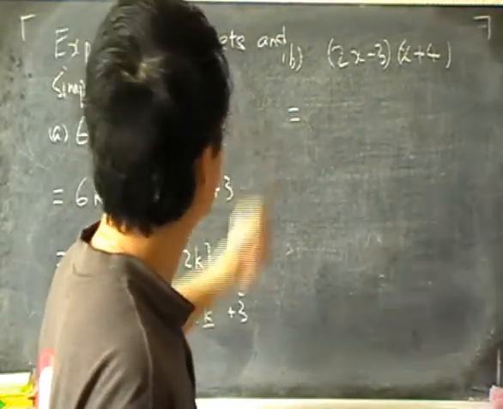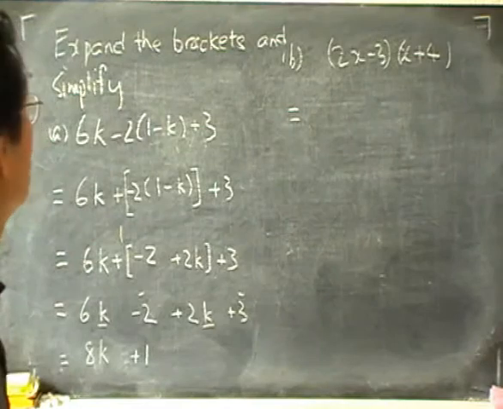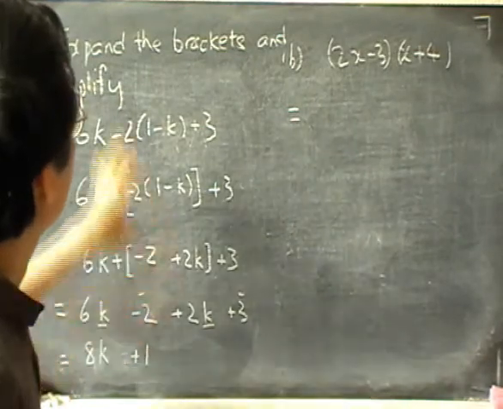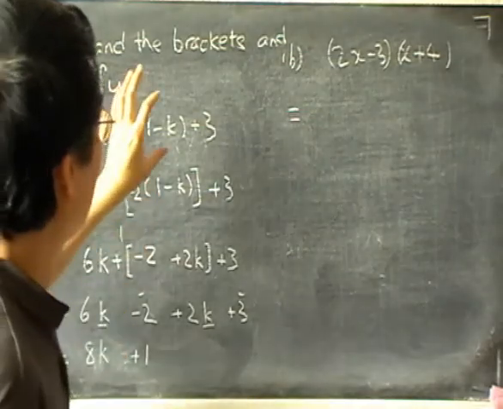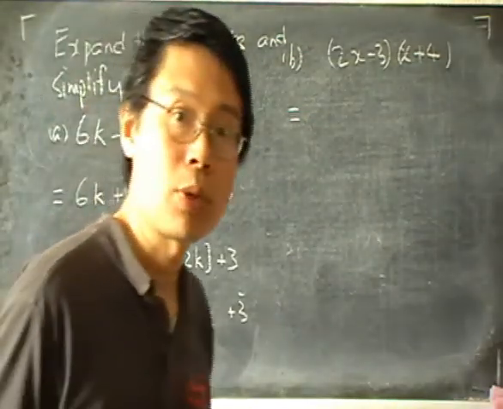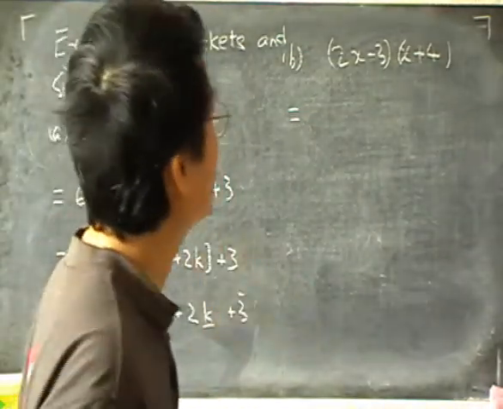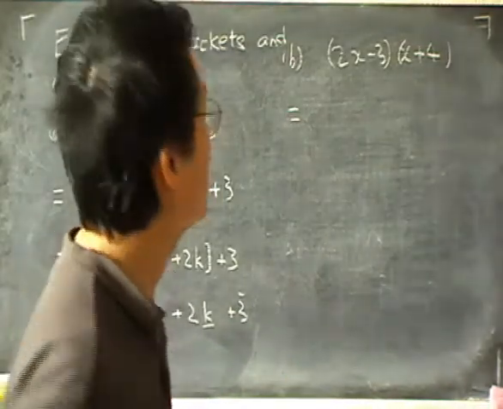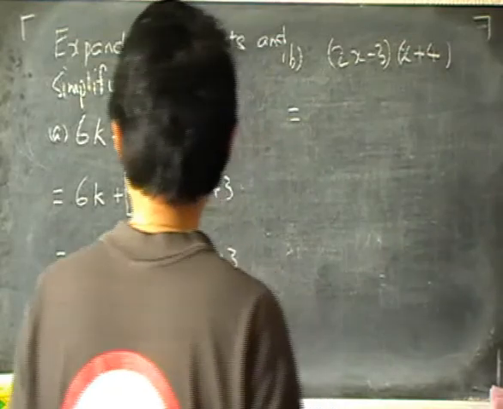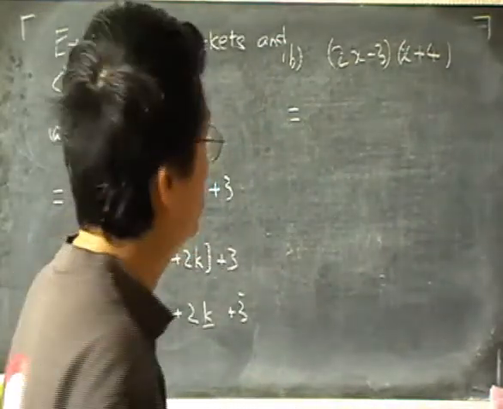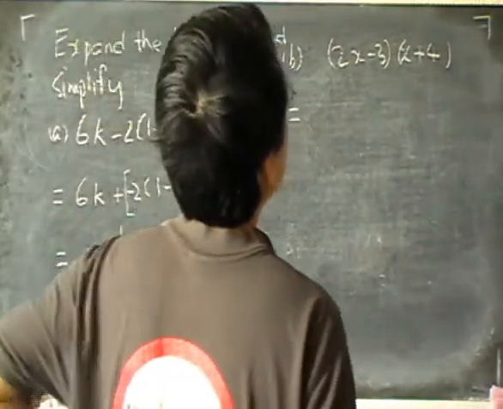But here, I'm going to do it following this method, following the idea of expanding the brackets, of removing the brackets. You can use either way. So here is just do it in a way to get some practice on removing brackets.